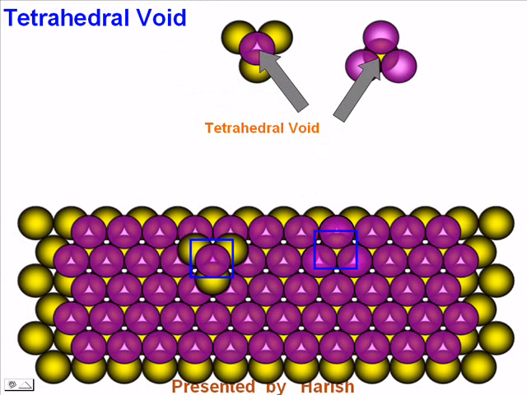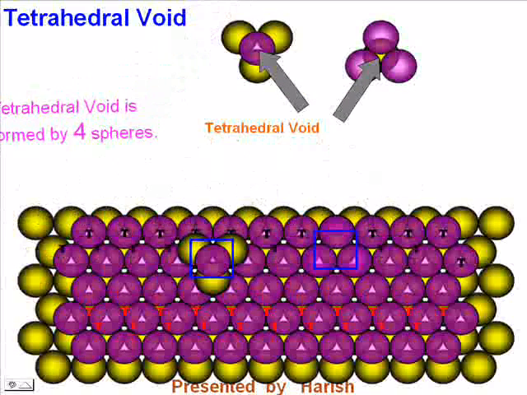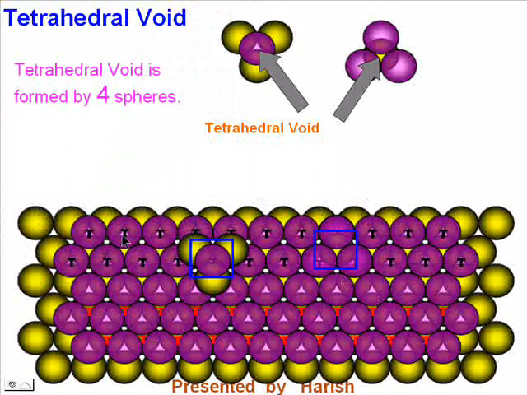This is a tetrahedral void. So these are all tetrahedral voids. A tetrahedral void is formed by four spheres of the same radius.